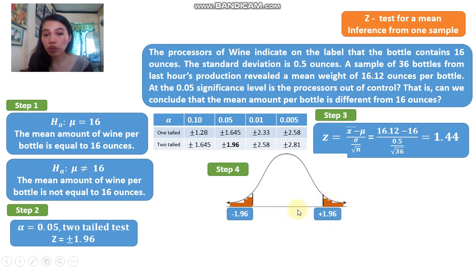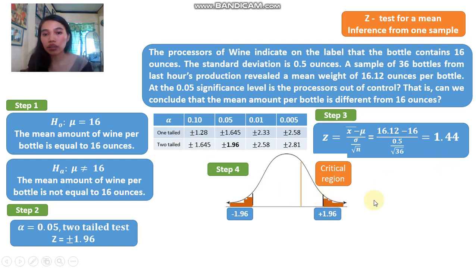This section is what we call the critical region, also known as the region of rejection. It is the region of rejection because when the computed value is in the region, the null hypothesis will be rejected.